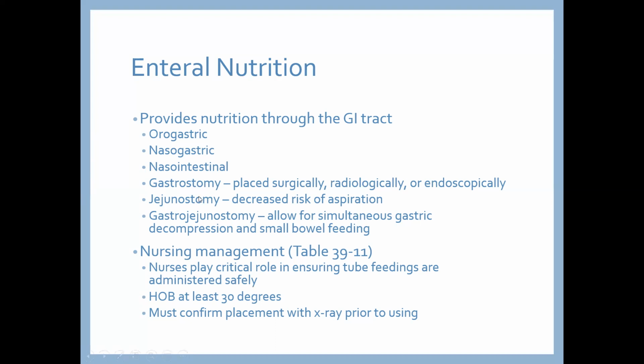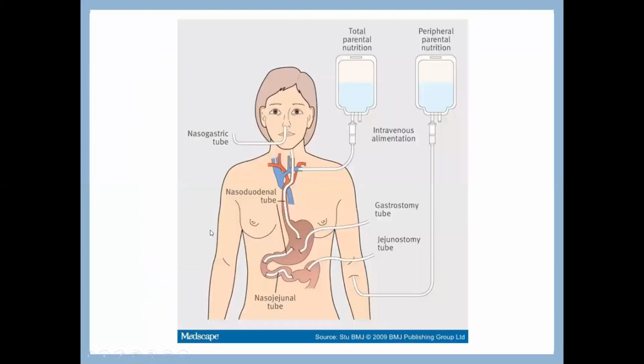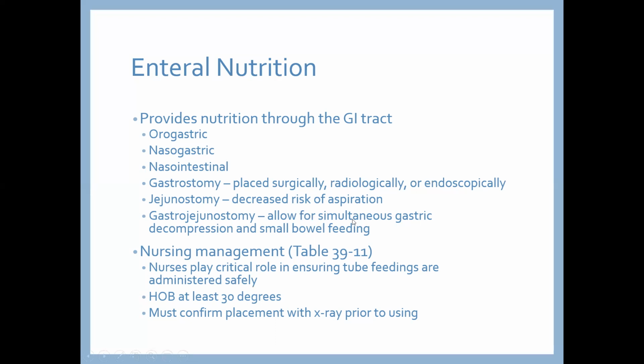A jejunostomy tube is in the jejunum of the small intestine, and that is placed in order to decrease a patient's risk of aspiration. A G tube still puts a patient at risk for aspiration, but the J tube is so much further down in the GI tract that there's a much lower risk of aspiration. And a gastrojejunostomy tube allows for simultaneous gastric decompression as well as feeding.